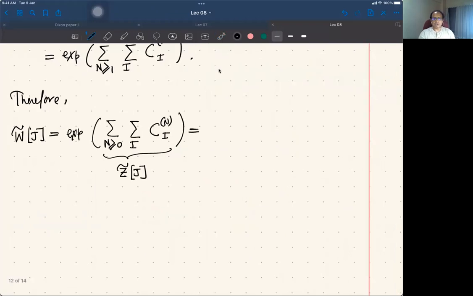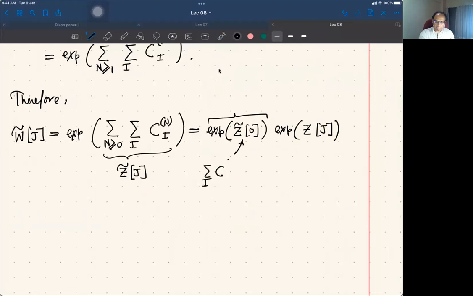But then the n equal to 0 and n non-zero sectors can be separated. Then it becomes exponential z tilde 0 times exponential Zj. This part is nothing but the sum over I of C_0^I, the n equal to 0 term only, right?